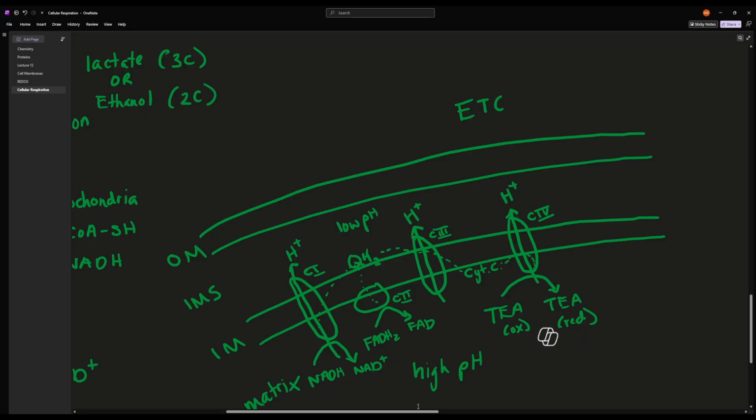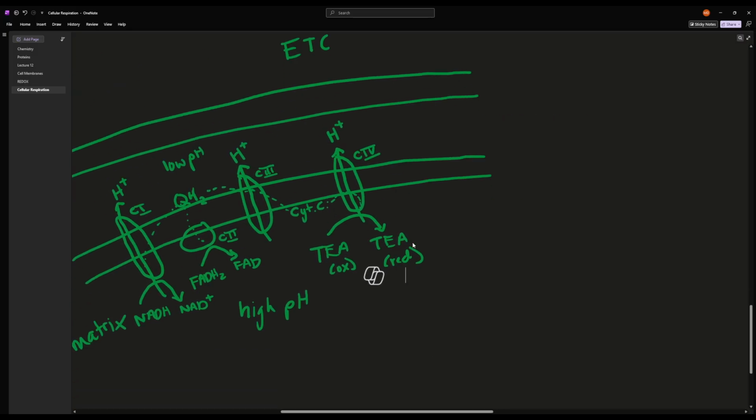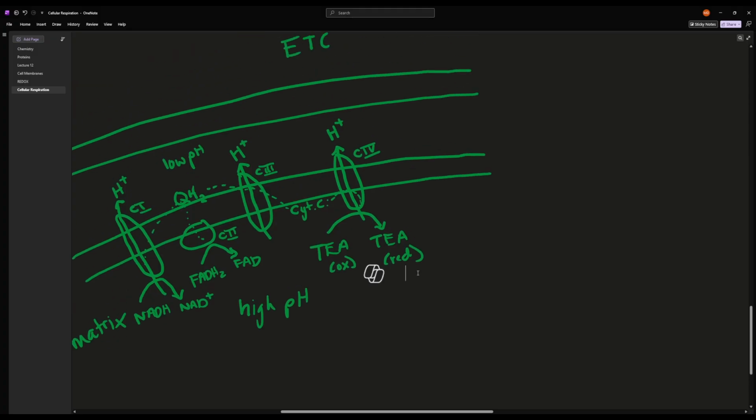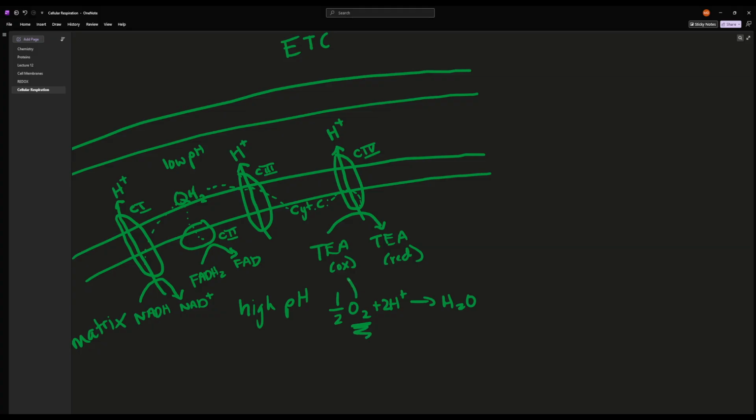Now, inside the mitochondria, we have a very specific terminal electron acceptor, and that is oxygen. So oxygen, along with 2H+, just for stoichiometry, is going to go to water. If oxygen is our terminal electron acceptor, this is aerobic respiration. If oxygen is not the terminal electron acceptor, literally anything besides oxygen, it is anaerobic respiration.